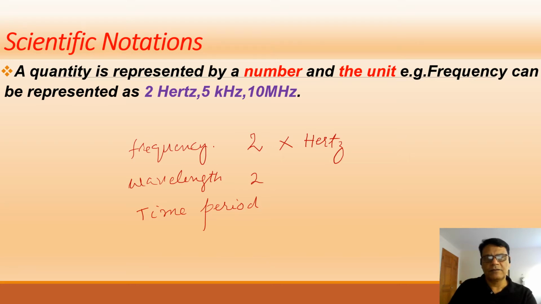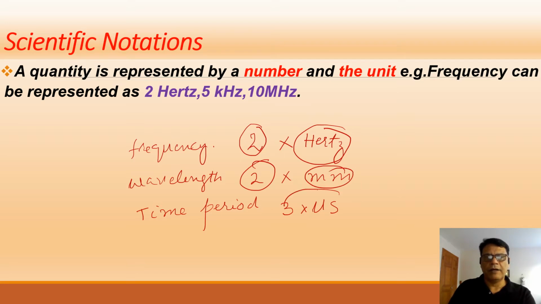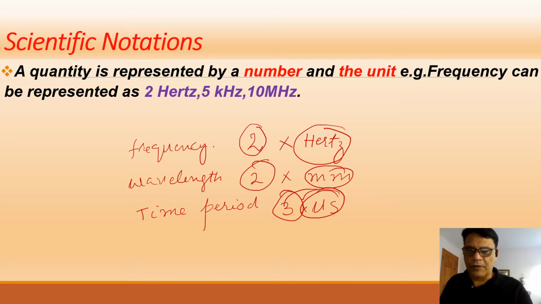Wavelength 2 millimeter. Time period 3 microsecond. So in all these representations, it comprises two things: a number and a unit. So scientific notation is the way to represent a quantity.